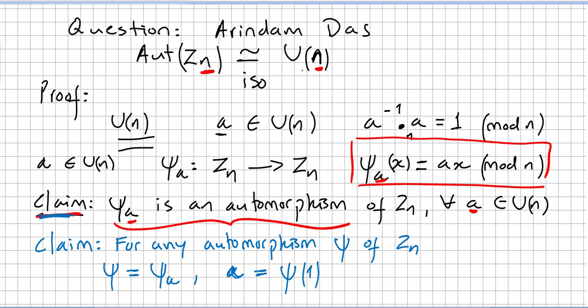But the question is, we want to prove that the automorphisms of Zn are isomorphic to the group of units. What I say is any automorphism, because I proved it for psi of a, but the question is for any automorphism. So now I say any automorphism psi will be equal to this automorphism that I just proved is an automorphism, under this condition that a equals psi of 1, and of course now I have to prove this claim.